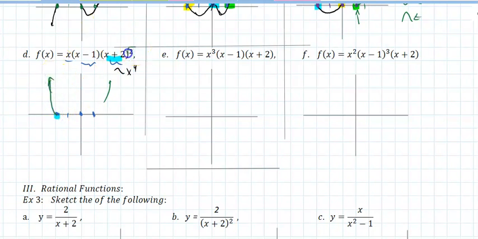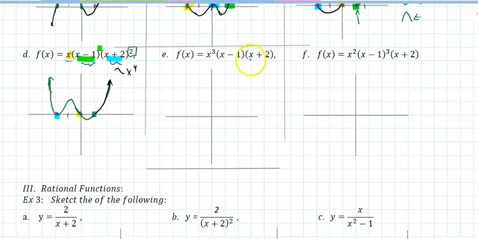I notice the multiplicity is 2, so this has to go back up. When I get to this point, I notice the multiplicity on that is a 1. Well, 1, it should look like a straight line around that. And when I get to x equal 1, it has a multiplicity 1. Again, that should look like a straight line, at least around that 0.